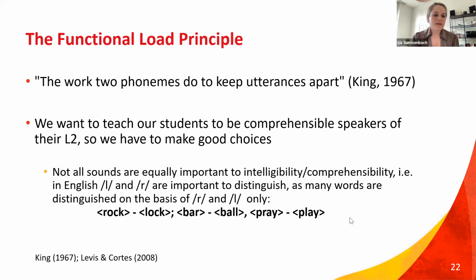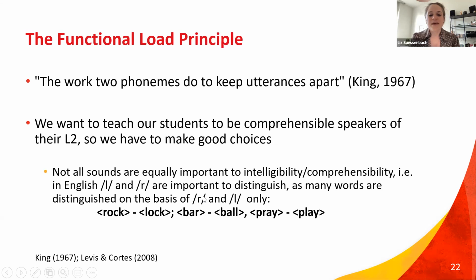So for example, some segments in English are said to carry a higher functional load. That means the work they do individually to distinguish words on the basis of that one sound. So for example, rock and lock, bar and ball, pray and play only work based on the distinction of R and L. So that's quite a crucial one, whereas other sounds might not be so crucial.